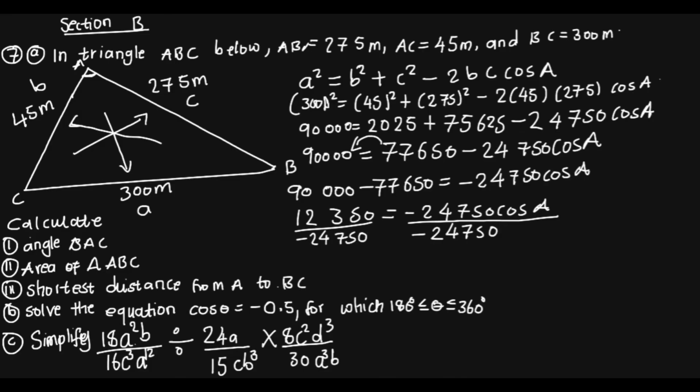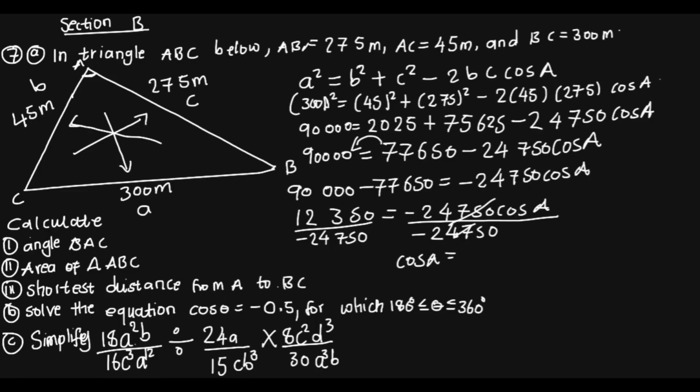We can cancel this one, giving us cos A is equal to 12,350 divided by negative 24,750.